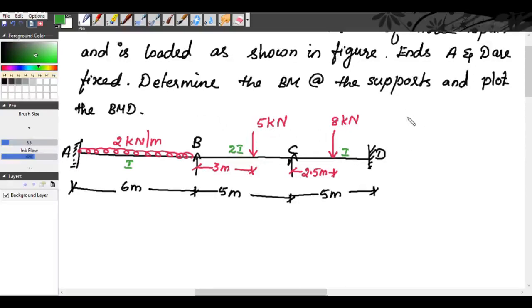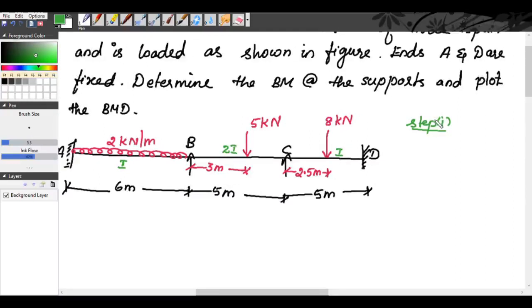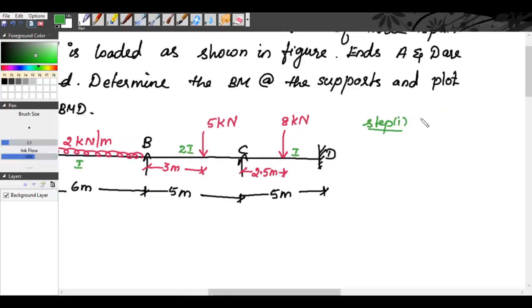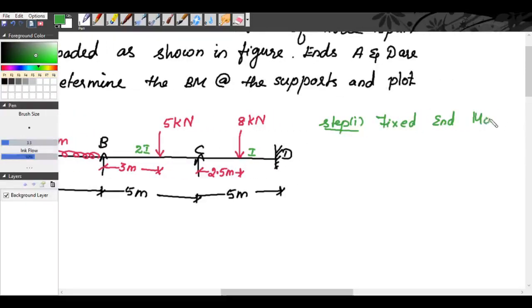Our first step is to find the fixed end moments. You all know how to find the fixed end moments, right? We have already studied in our second module, in the slope deflection method, how to determine the fixed end moments.